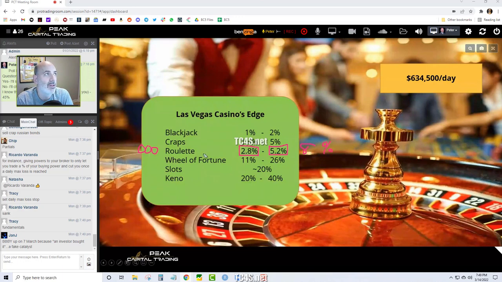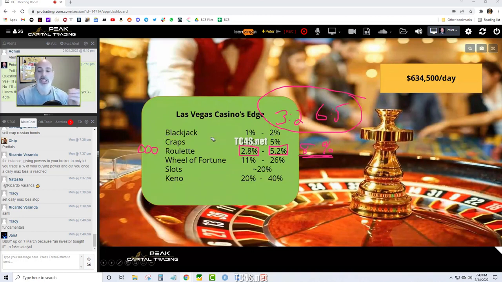On a wheel with 000. Think of how much better that is for the house, right? It's only a 2.8% increase, but for them, that's a 50% jump in revenues on roulette. Blackjack, typical payouts on blackjack, a good one on actually getting blackjack is 3 to 2. A lot of Vegas casinos are moving to 6 to 5. This actually, believe it or not, triples their odds, their rake, if you will, on a blackjack.